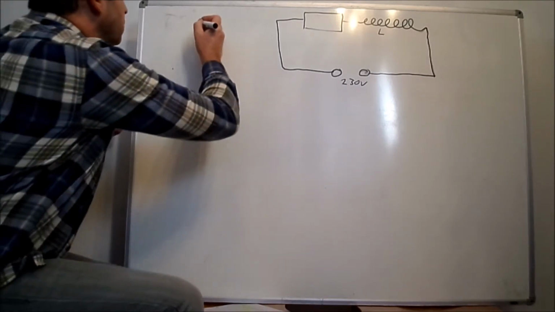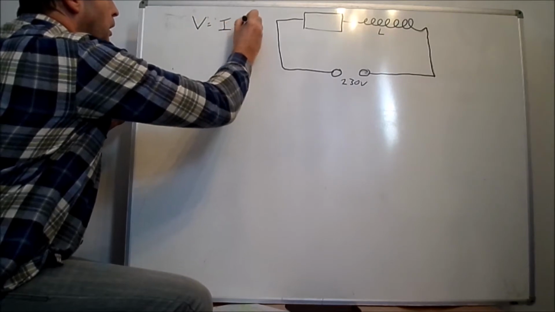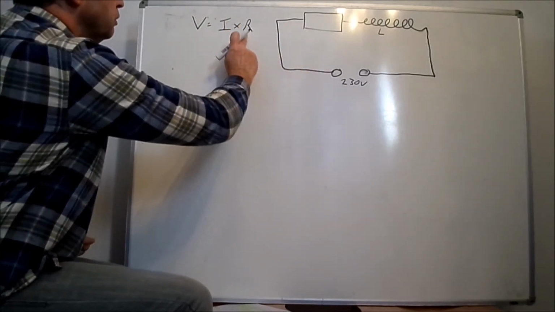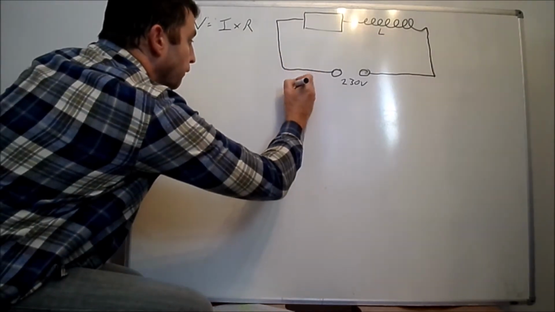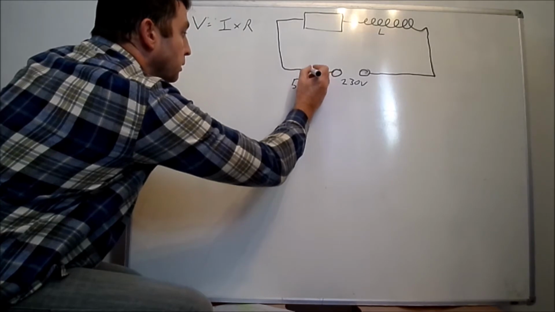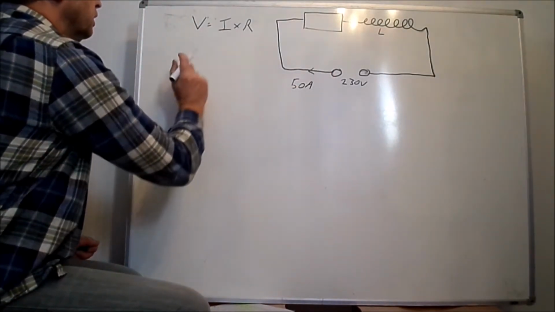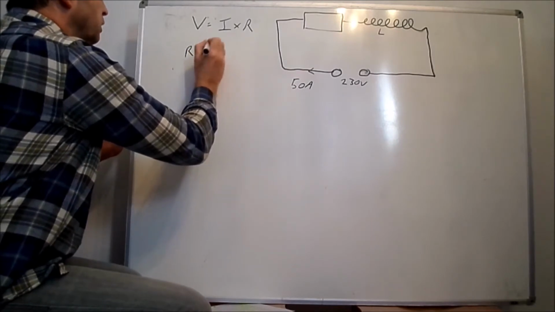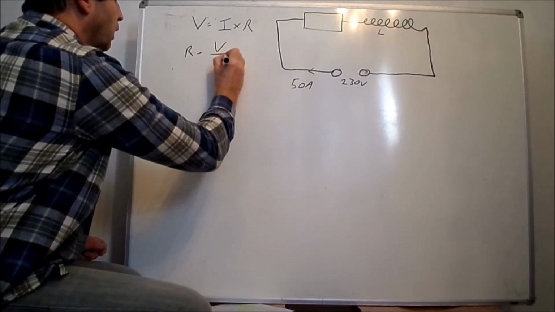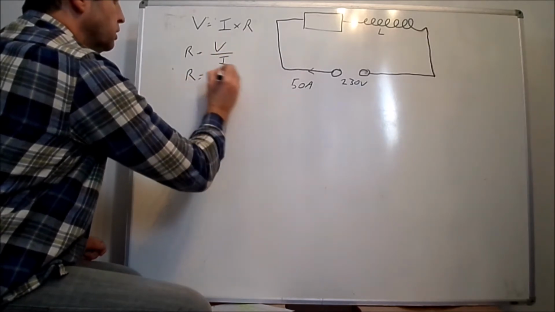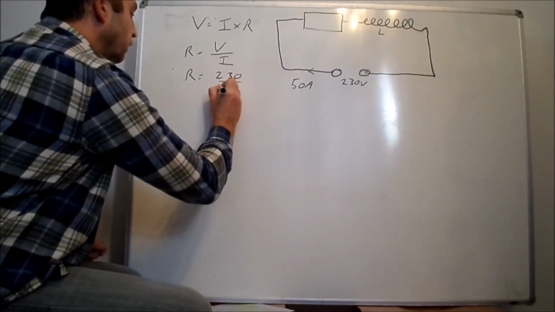And what we can say is, with Ohm's law, V is equal to I times R. So if we want to know the resistance, and the current running through it is going to be 50 amps DC, then by transposing this, R is going to equal V over I. So the resistance is going to be 230 divided by the current, which is 50.